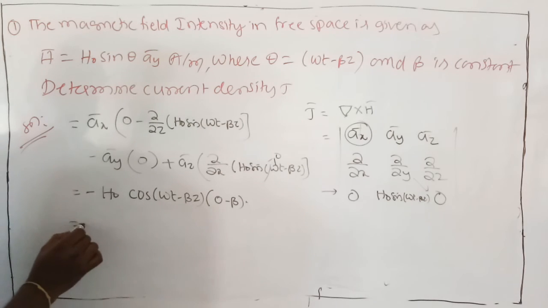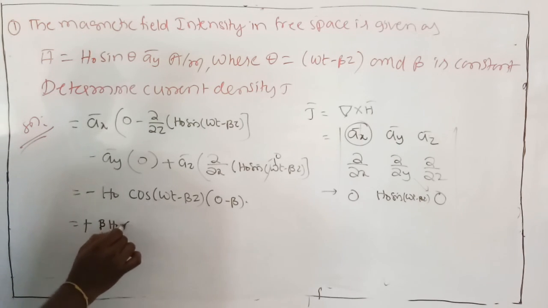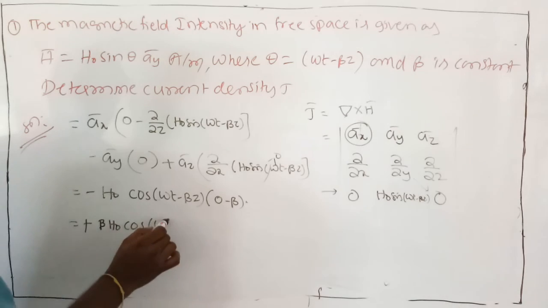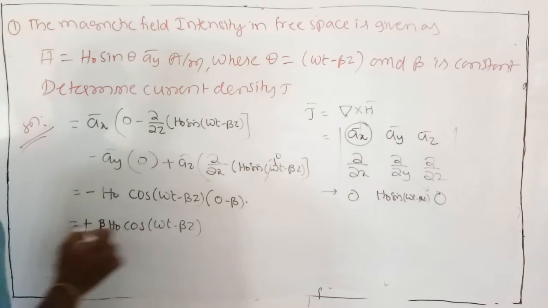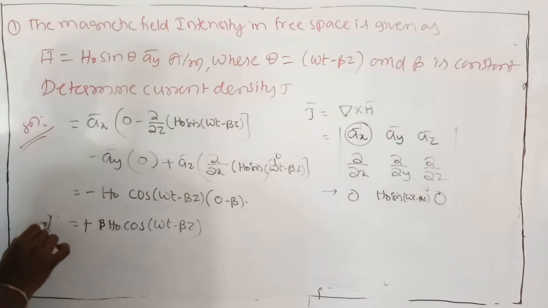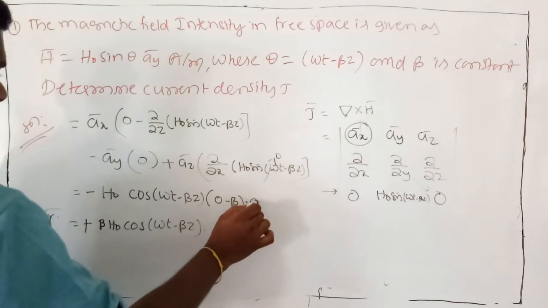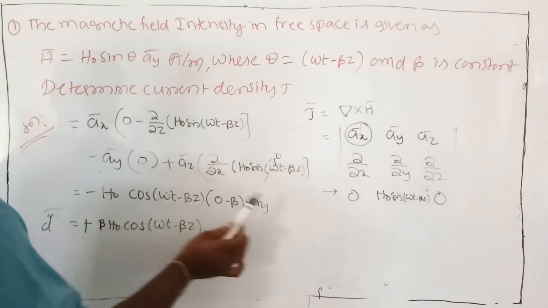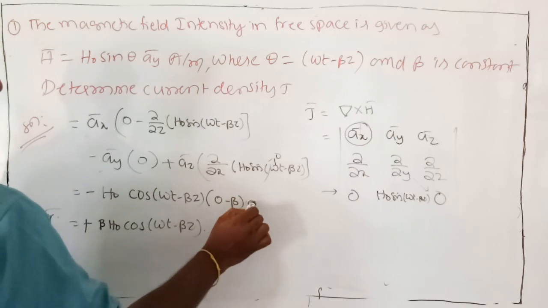So minus into minus becomes plus. So J bar is beta H naught cos omega t minus beta z, and the direction is AX bar.